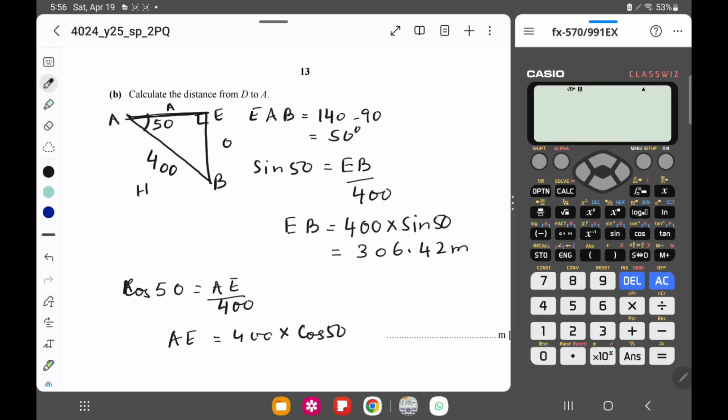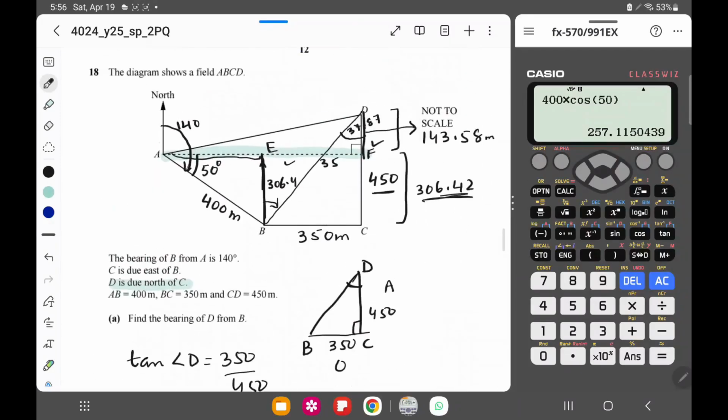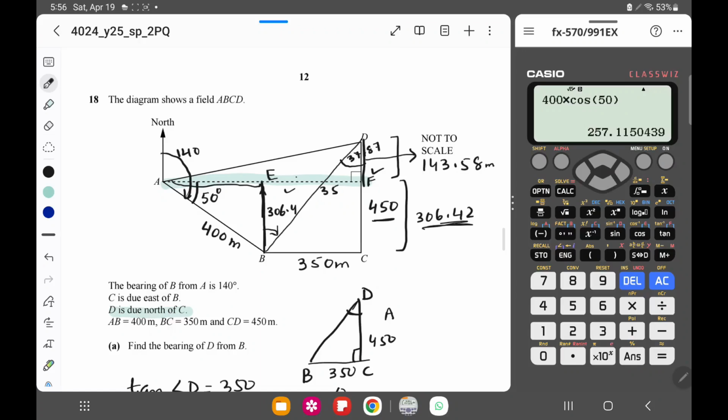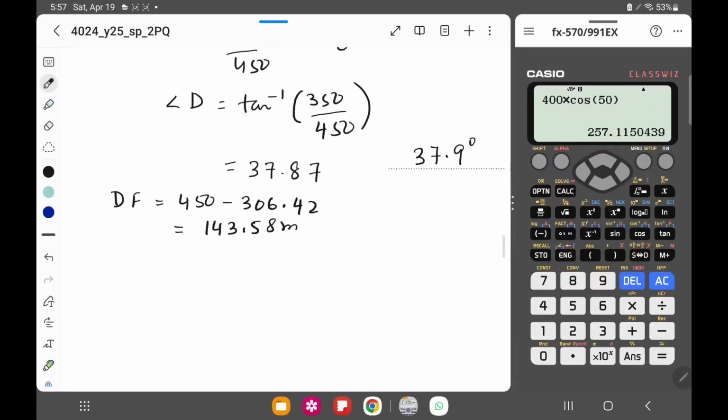So 400 times cos of 50 degrees, and this is your answer, 257.12. So this is 257.12, and 350, so 257.12 plus 350 gives the whole line.